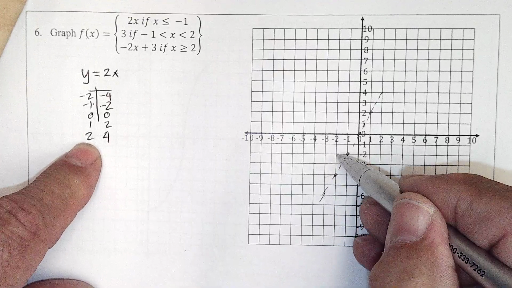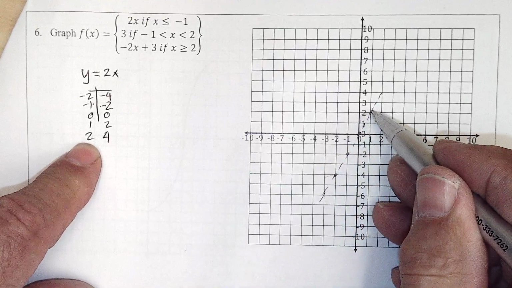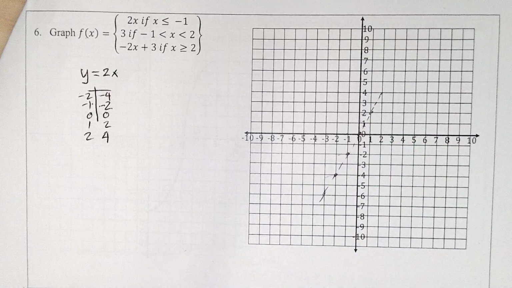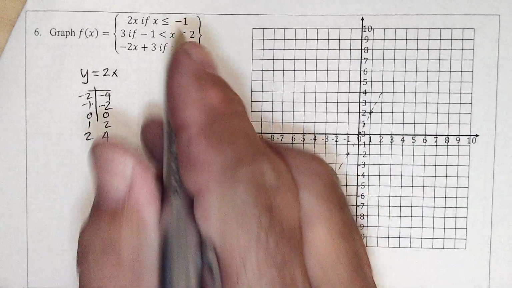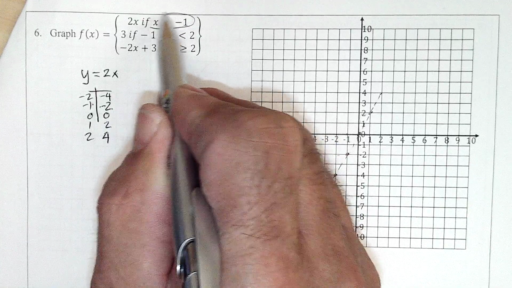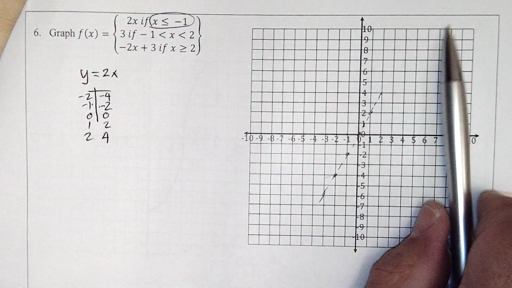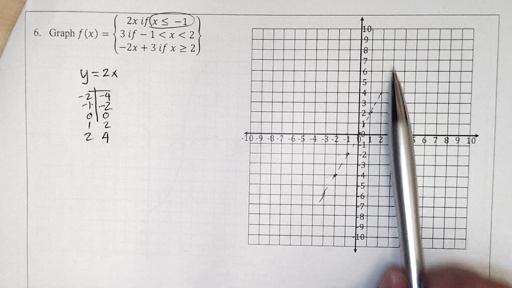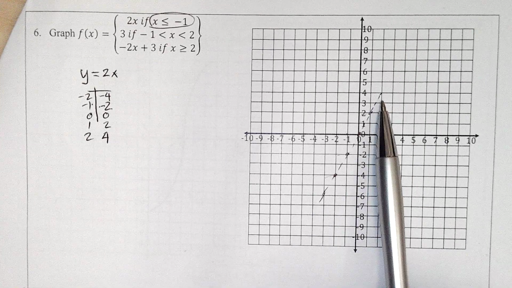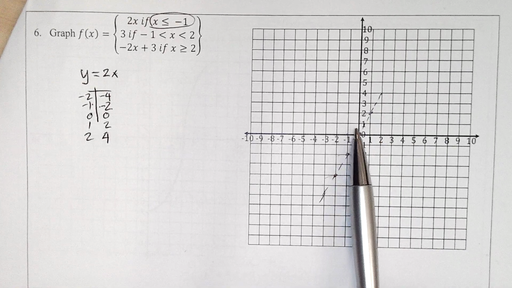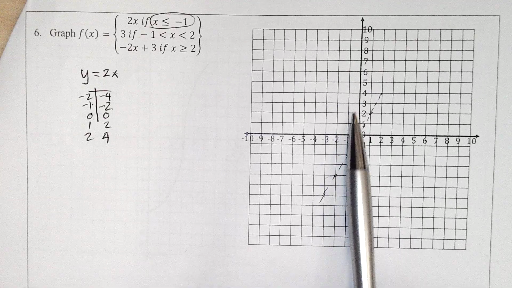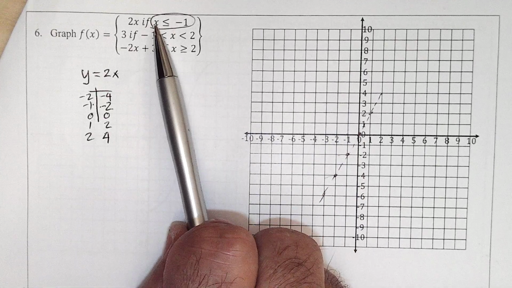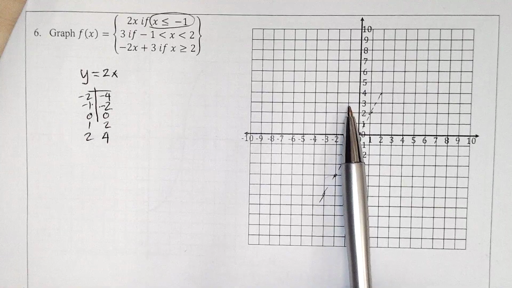Up 2 for 1, 2 for 1, 2 for 1, and so on. Now, this one has a window. Only when the x's, so here's x equals 3, x equals 2, x equals 1, x equals 0. A line right here is for x less than or equal to -1.